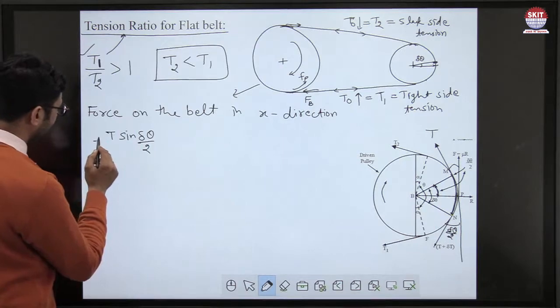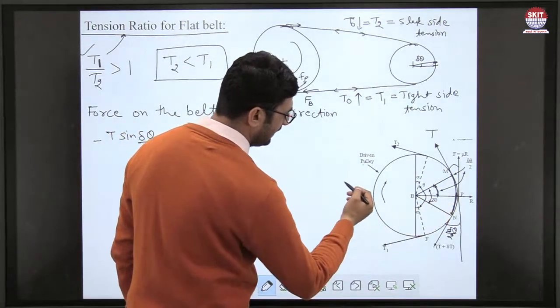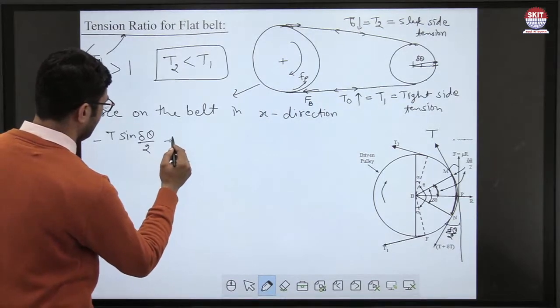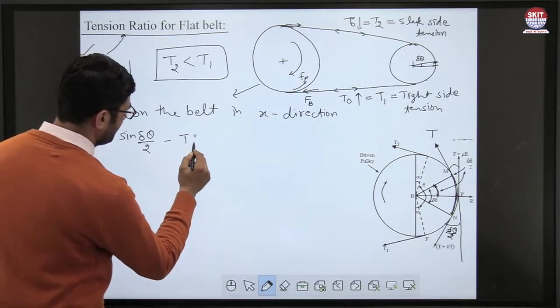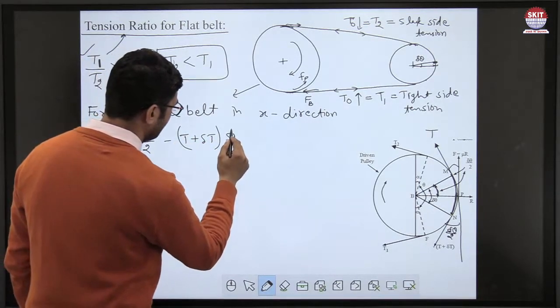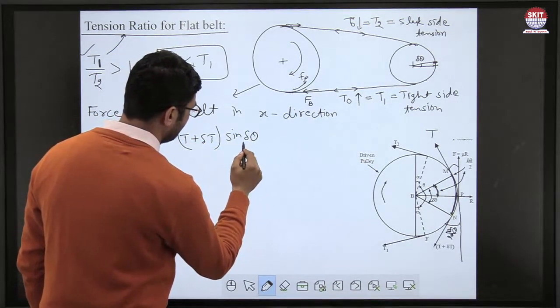This is the negative value because this is the negative x direction and that is the positive x direction, minus (T plus delta T) sin(del theta by 2).